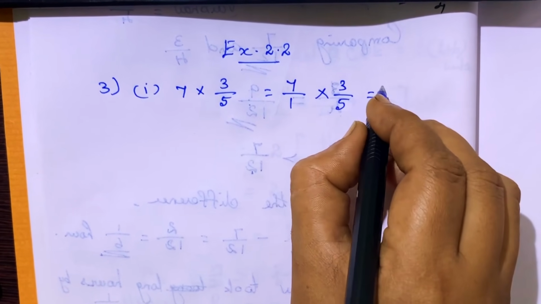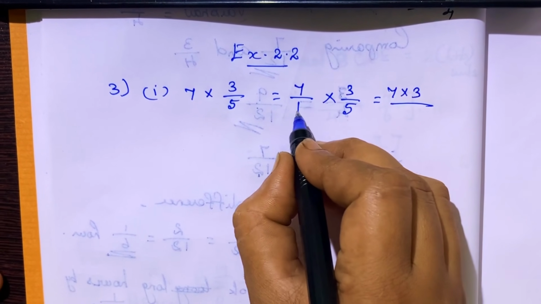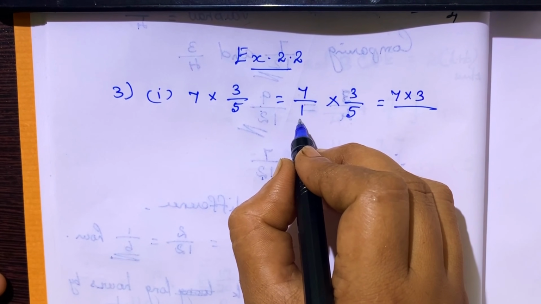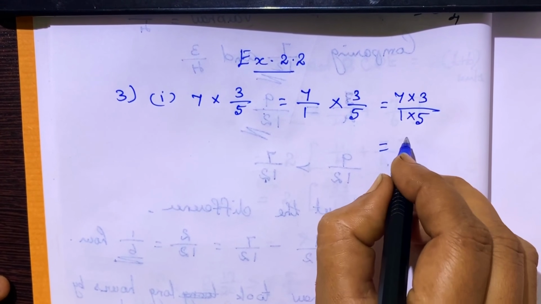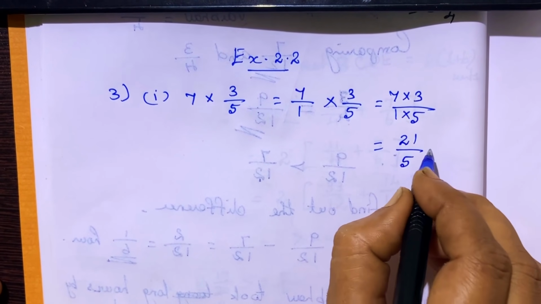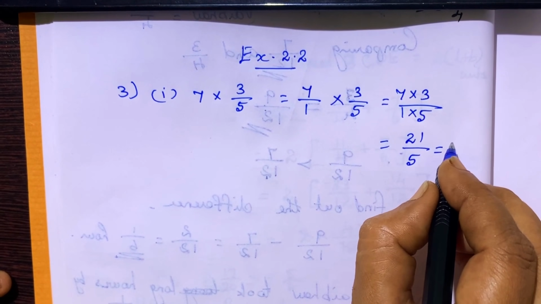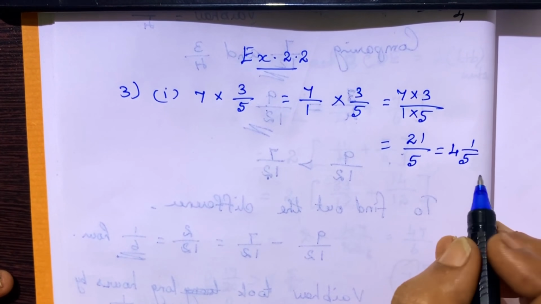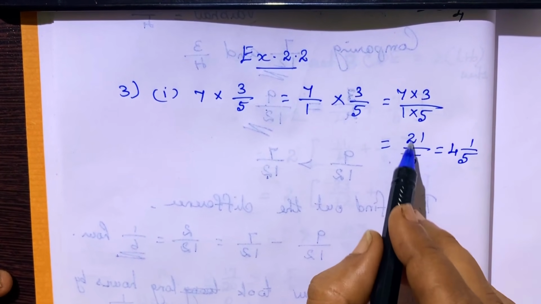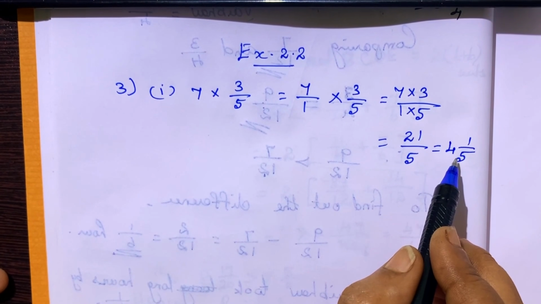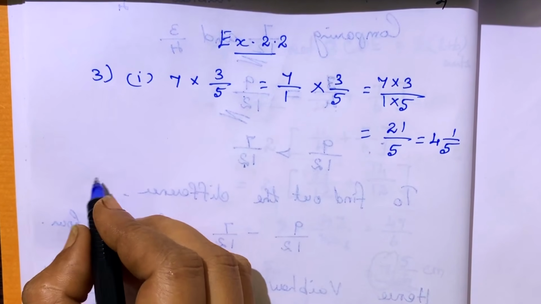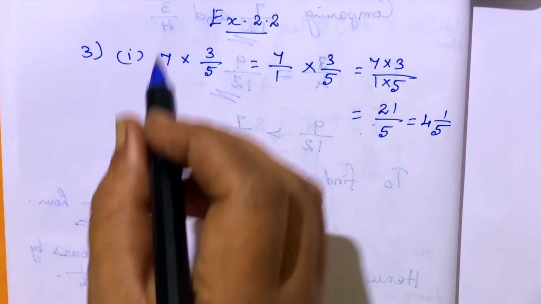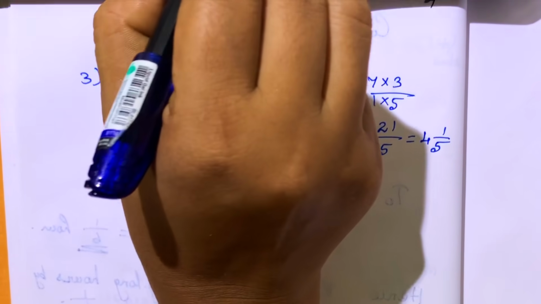So 7 into 3, numerator, by denominator multiplied by denominator, 1 into 5. 7 3s are 21 by 5, which is equal to 4 1 by 5. You see, both are not having a common factor, so I just converted to a mixed fraction. Now the next question, second question and all, you can do in the same format.